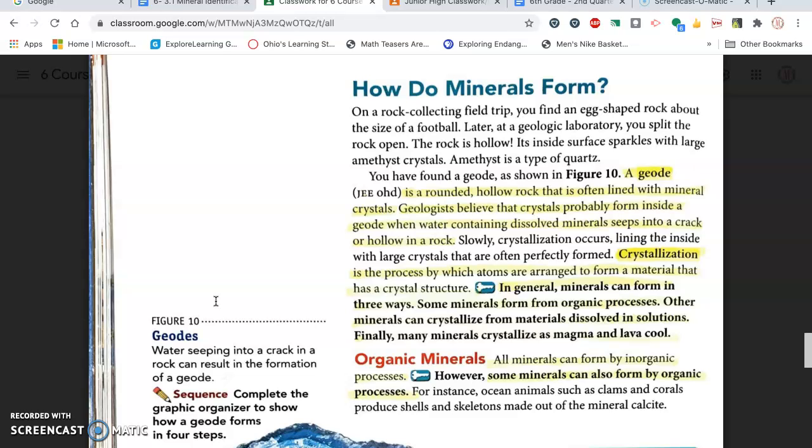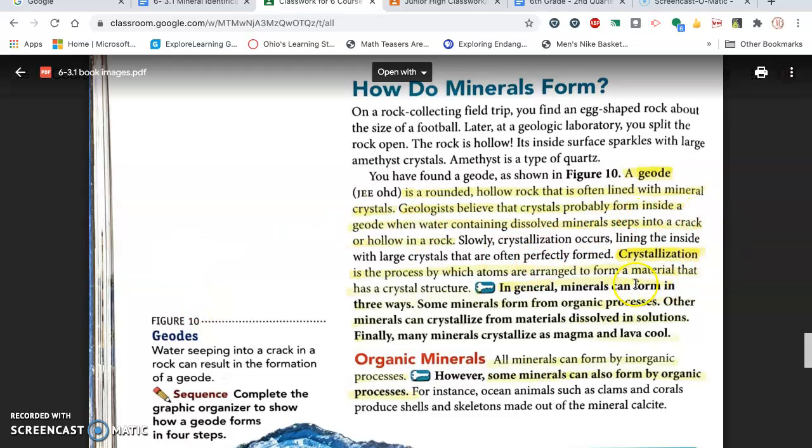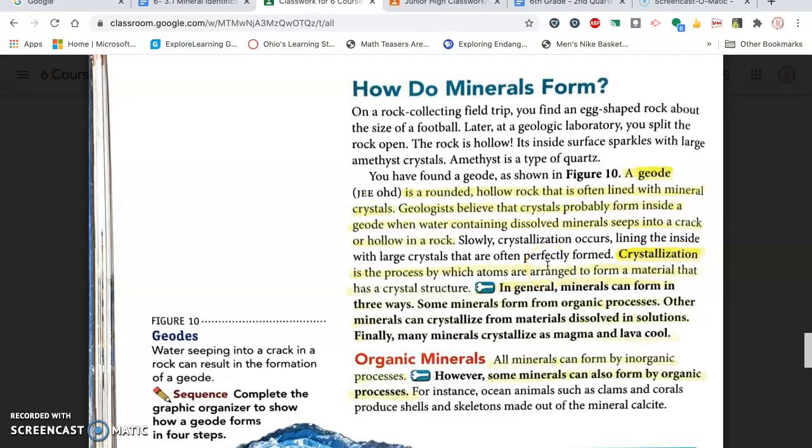You can't really necessarily think of crystals as a living thing that is growing like you and I grow. But when we talk about crystals growing, we're talking about this crystallization process in which atoms are added onto the crystal in the same structure over and over again in a repeating pattern. And so crystallization is this process by which atoms are arranged to form a material with this crystal structure.